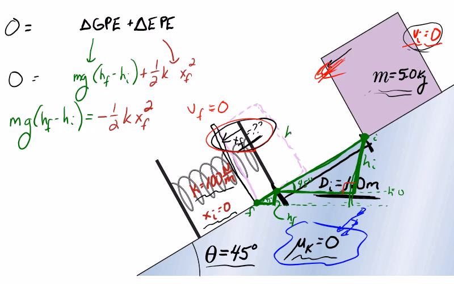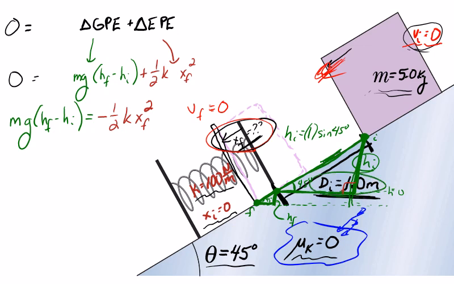So my initial height is actually going to be equal to the hypotenuse, which is 1, times the sine of this angle, this 45 degrees, because the sine of the angle would be opposite over hypotenuse, and this hypotenuse happens to be the 1, because that's how far along here.